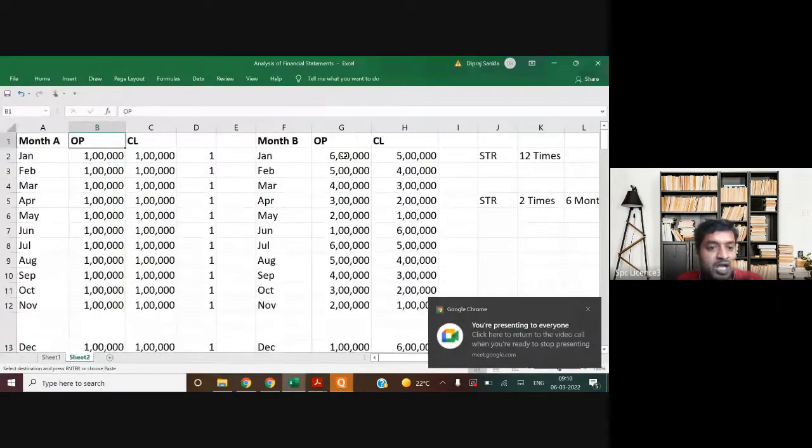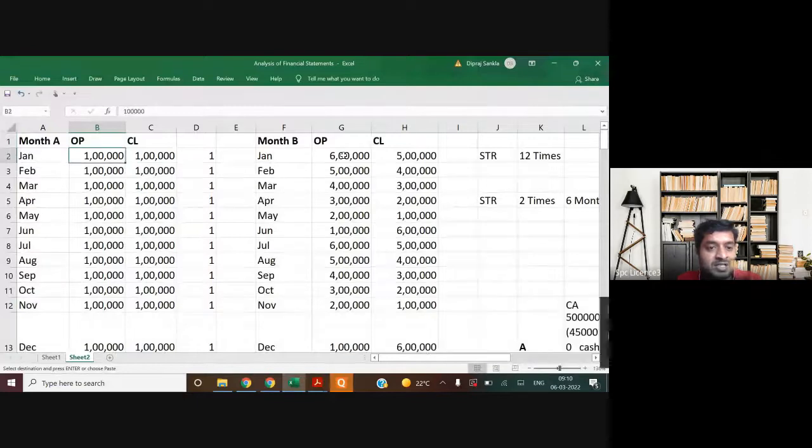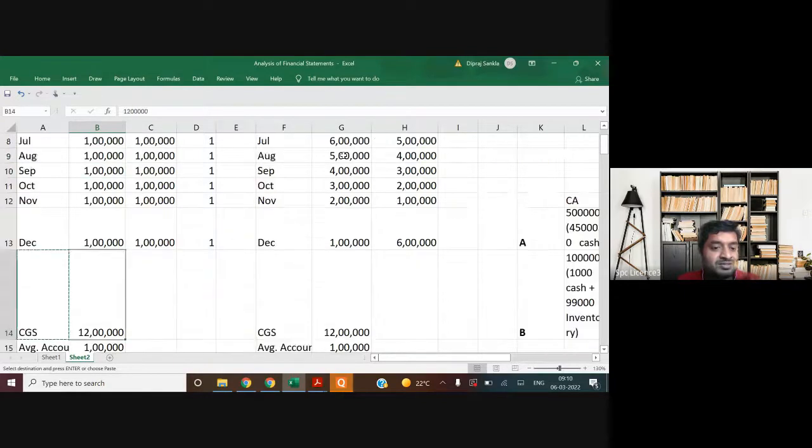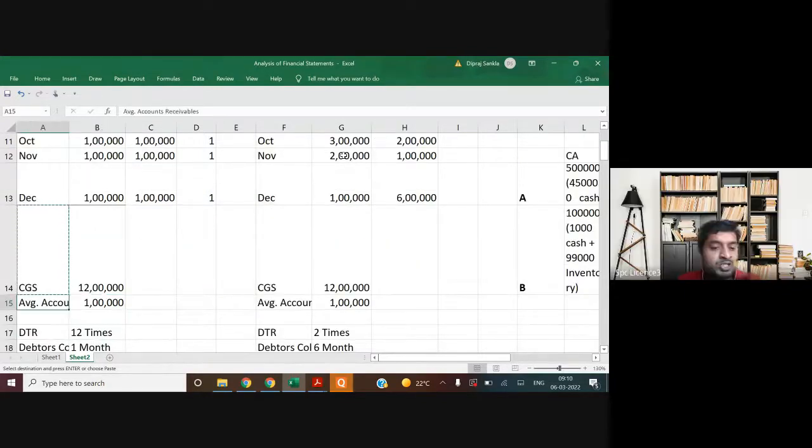Shall I consider the opening value of stock or the closing value of stock, or shall I go for average? Opening, sir. But why opening only? Why not closing? So it is better to consider average, right? Yes, sir. Okay, so I'll consider average stock.